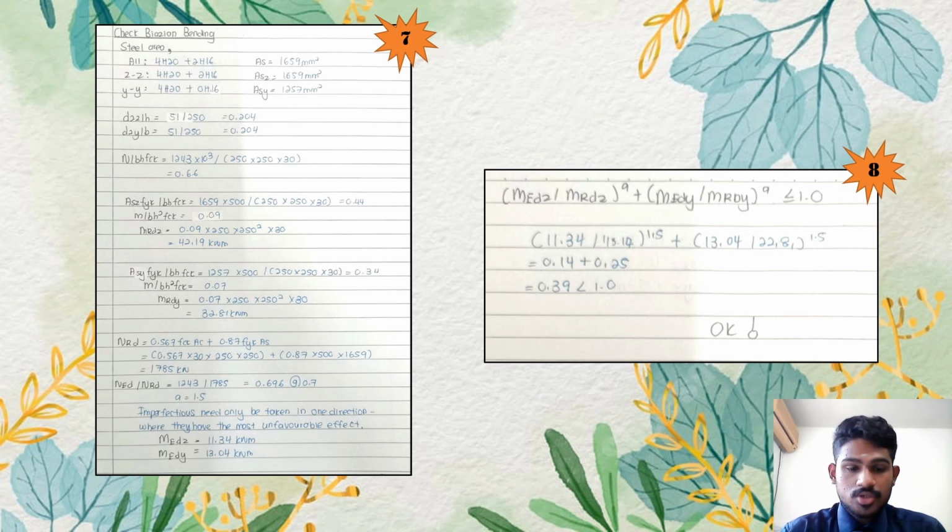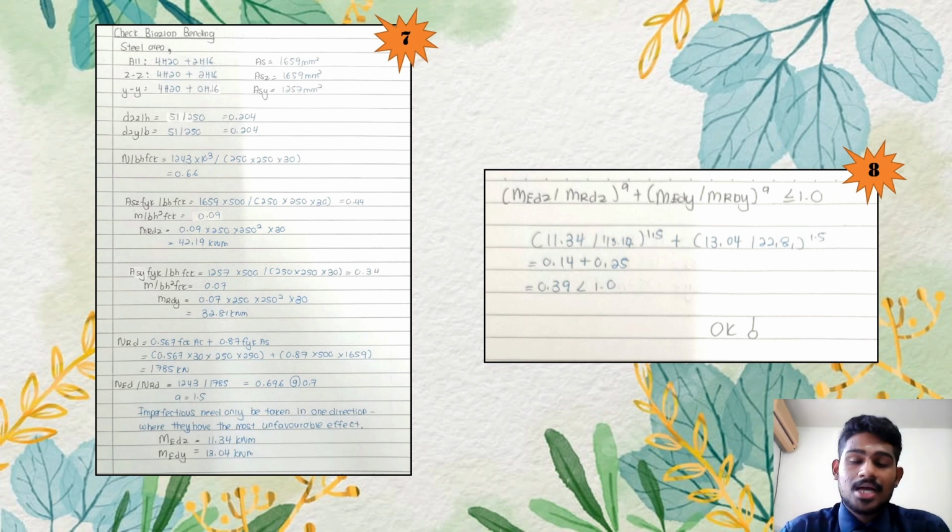Okay, for the imperfections, they need only be taken in one direction where they have the most unfavorable effect. So the MEDZ you will get is 11.34 kilonewton meter, and for MEDY you will get a value of 13.05 kilonewton meter.